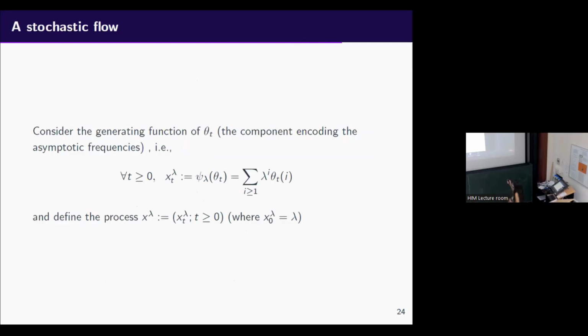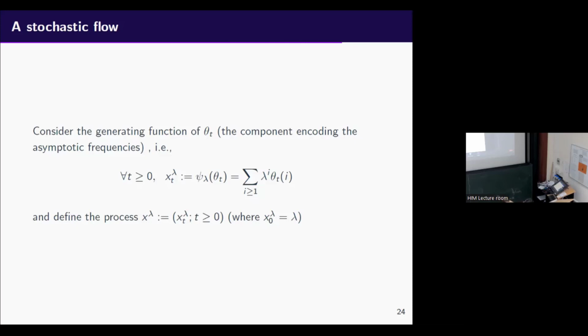Okay. Then, to get almost every word of the title of the conference in my presentation, I have a stochastic flow. We are going to take this radial component, theta t. Remember, theta t is the asymptotic frequencies of singletons, pairs, triplets, etc. We are going to look at its generating function.